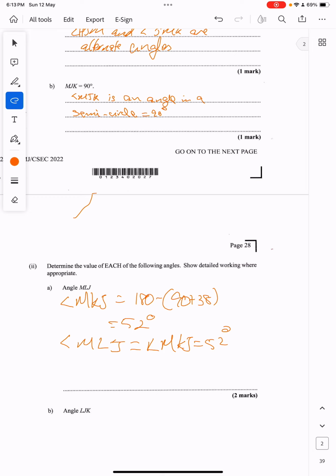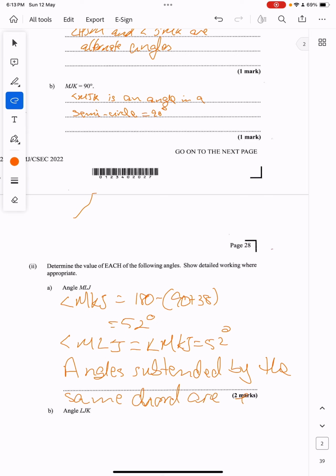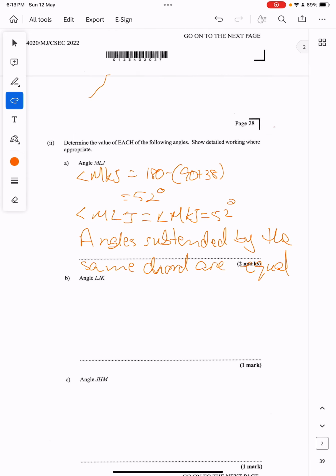And our reasoning would be that angles subtended by the same chord are equal. All right. Okay.